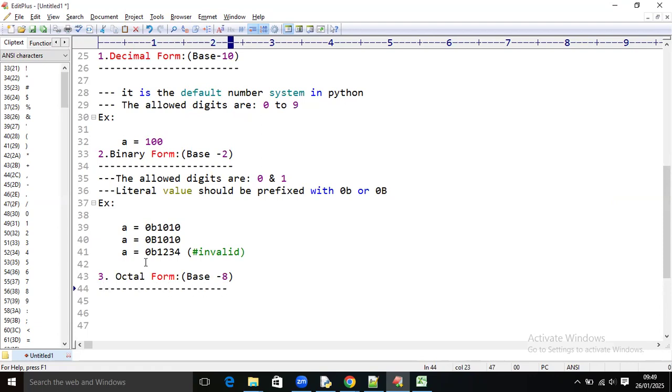For octal form, the base value is 8, so it means 0 to 7. For decimal, the base value is 10, so it will accept 0 to 9. And for octal, the base value is 8, so it will allow you to give numbers from 0 to 7. Let's have a practical example.